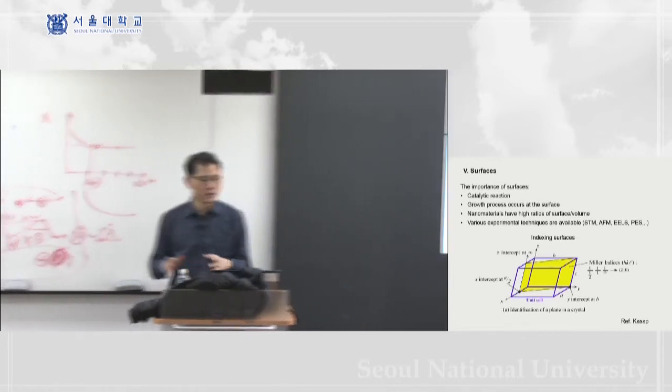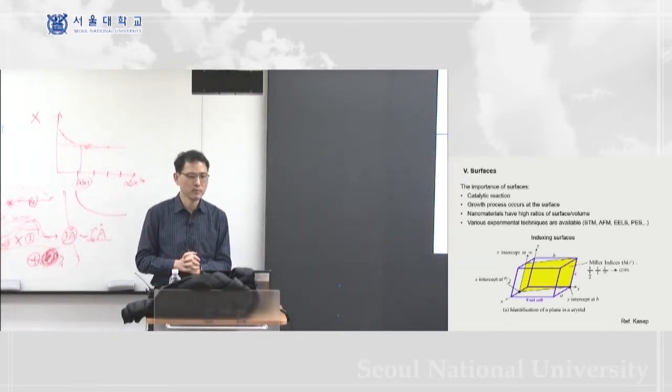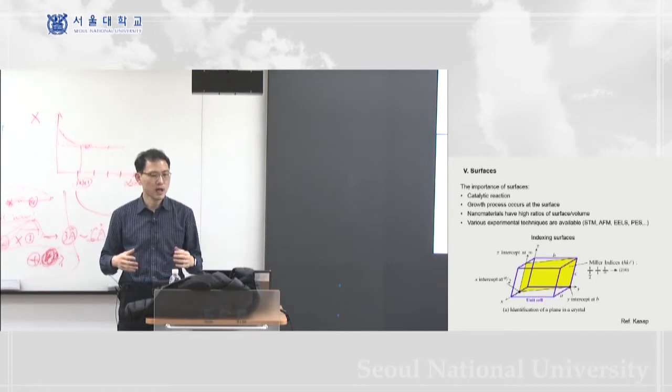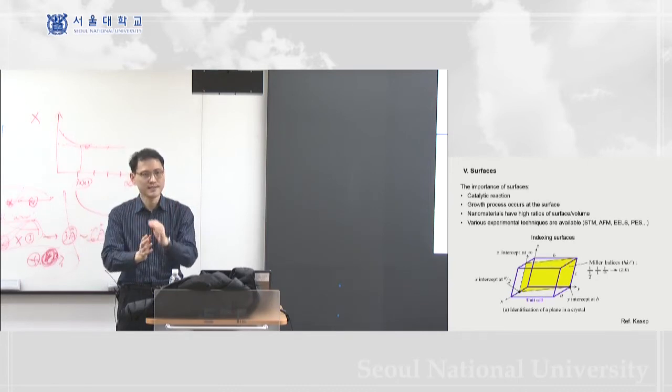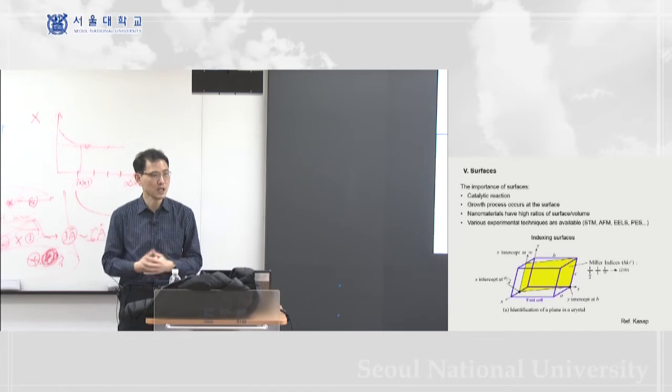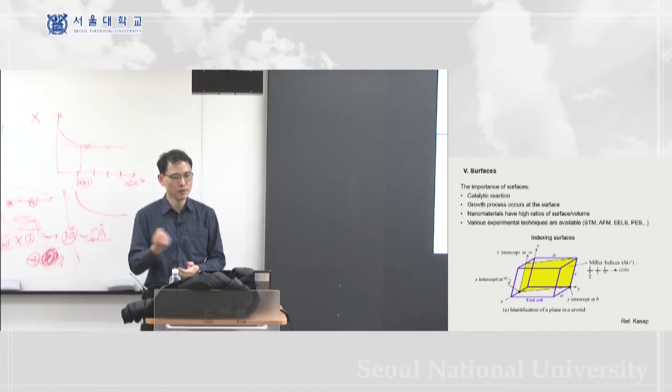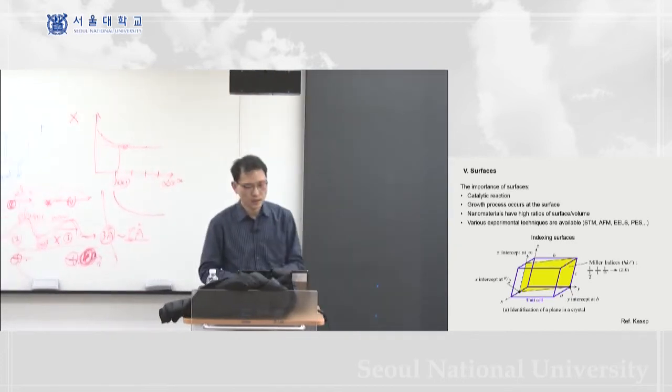And this is where nanomaterials are very popular, and nanomaterials have high ratios of surface to volume. So it is important. The property of a nanomaterial is dictated by the surface in many cases, especially for those really small nanoparticles.